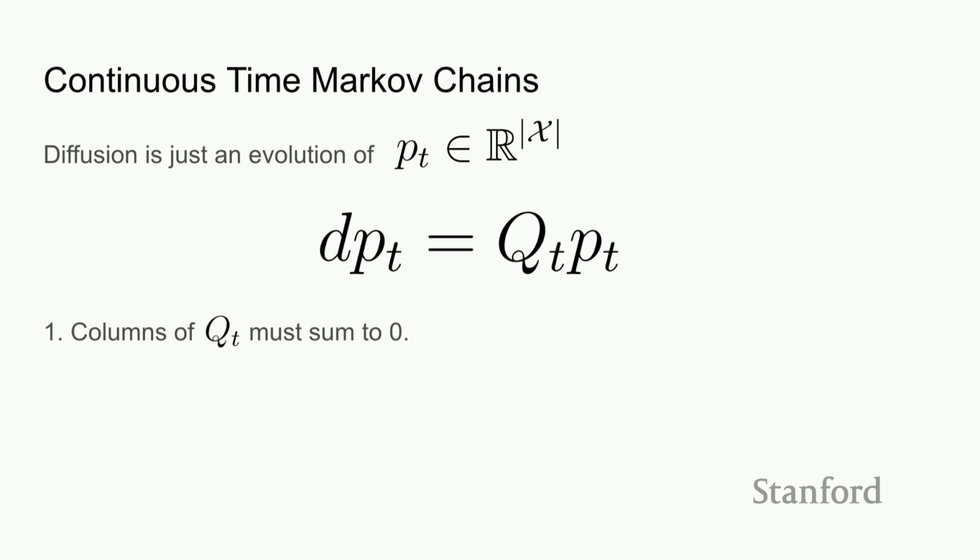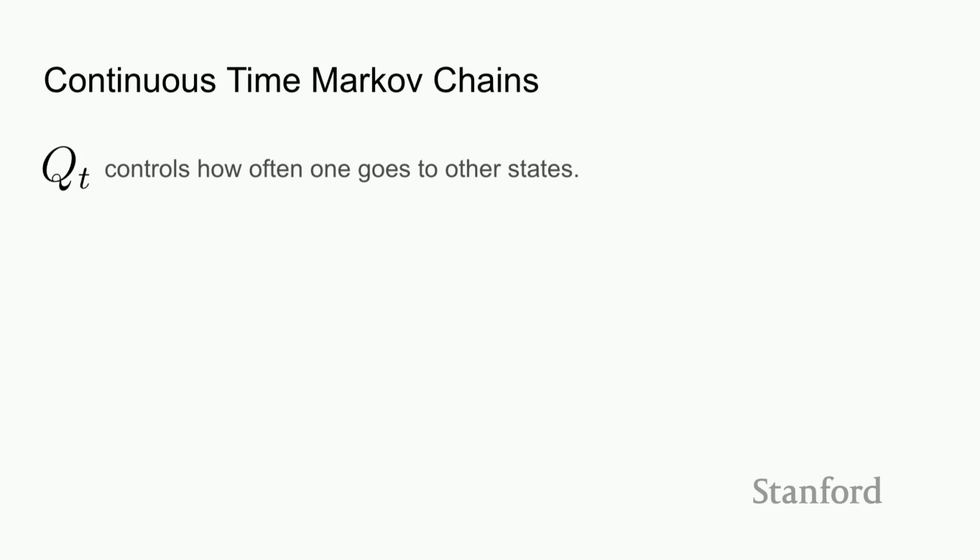Some things about this diffusion matrix are not obvious, but they are hard requirements. We need to make sure that this diffusion matrix has columns which sum to 0, and that it is non-negative at all non-diagonal points. The idea is that QT controls how often we jump from one state to another.